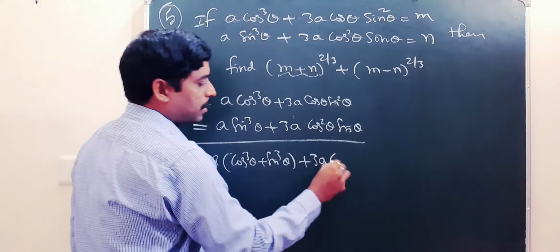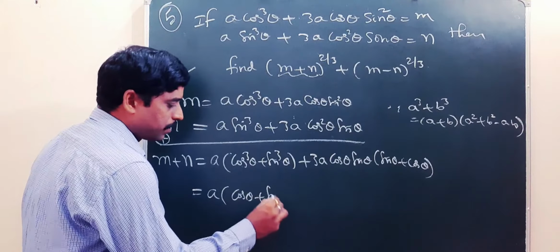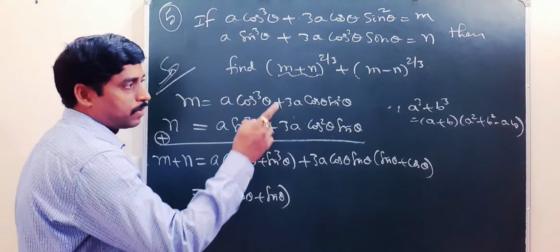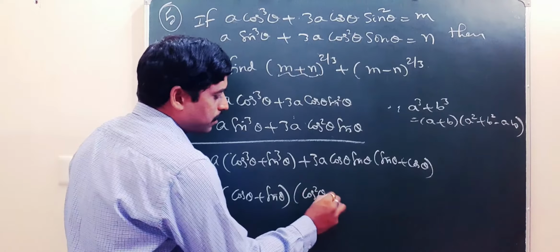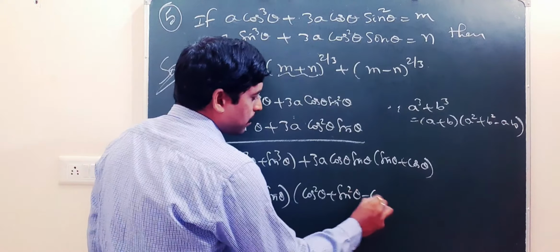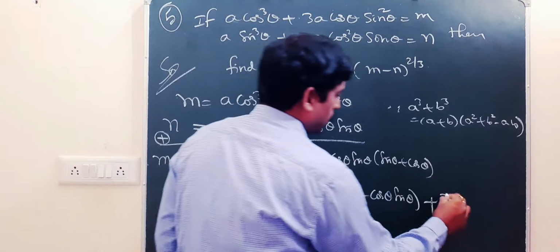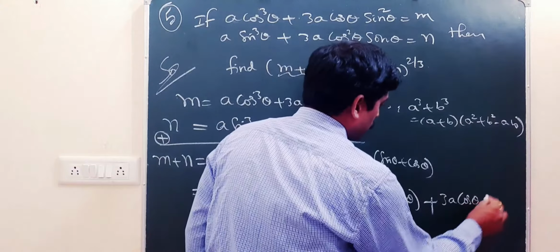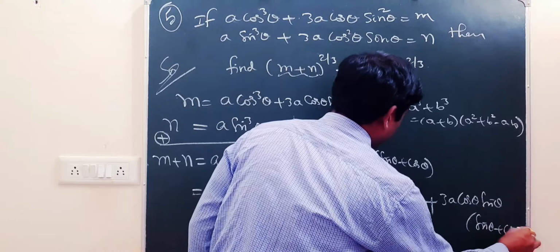We should apply that formula. So a plus b is cos theta plus sin theta, into a square plus b square minus ab: cos square theta plus sin square theta minus cos theta sin theta, plus, writing as it is, 3a cos theta sin theta into sin theta plus cos theta.